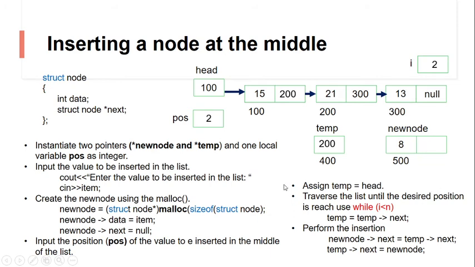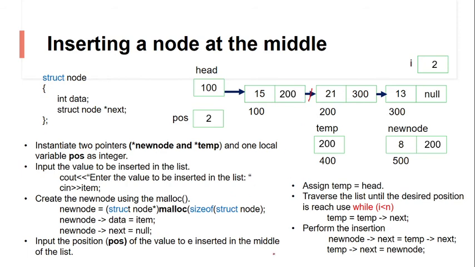Now since our new node is under memory address 500 and the data item is 8, what would be the address of the new node? It is 200, inserting at this level. So this will be cut later on, removed later on, and it will insert this 8 on this particular line.